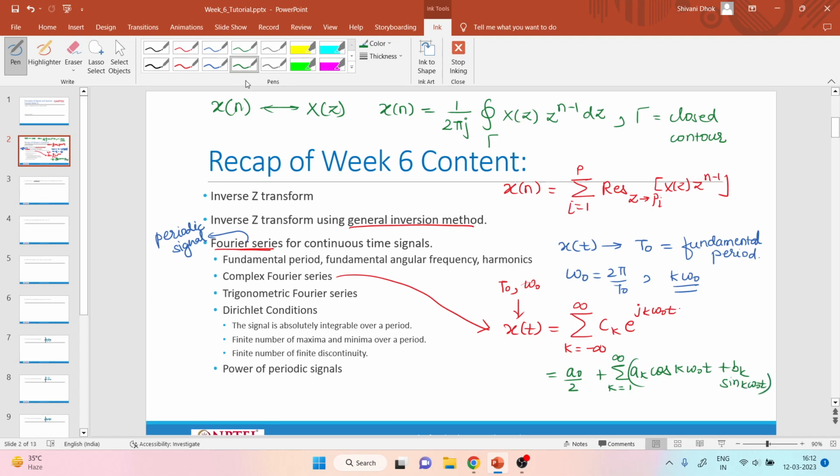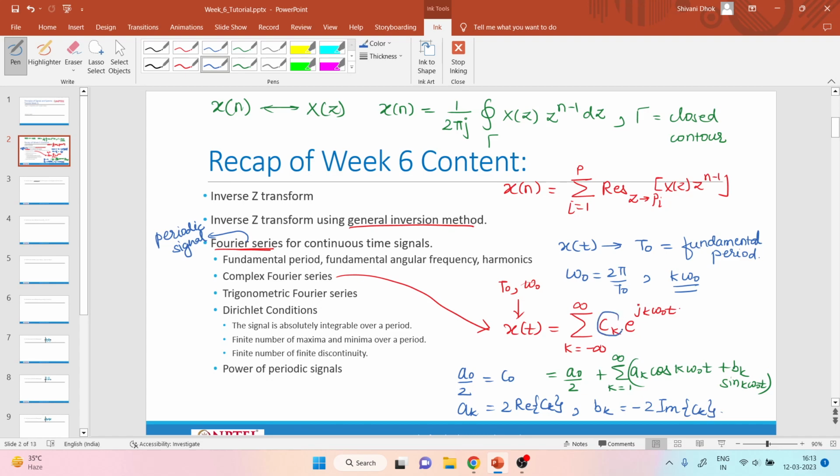And there is a good relationship between these a naught, a k and b k. Basically, a naught by 2 is equal to c naught, then a k is twice the real part of c k, and b k is minus 2 times the imaginary part of c k.